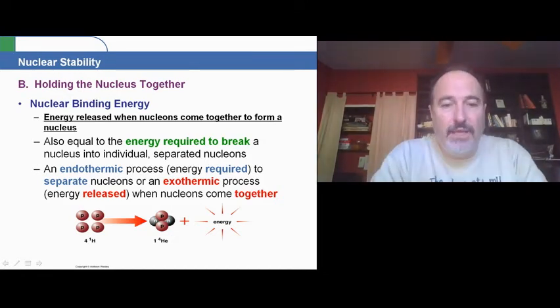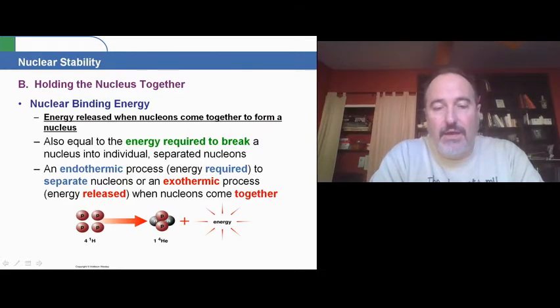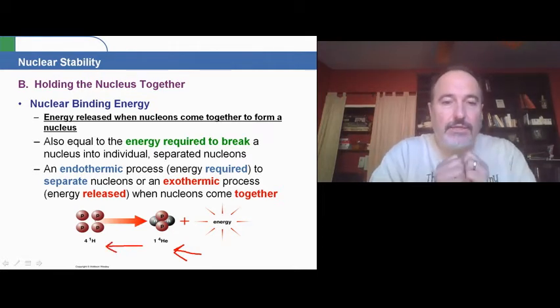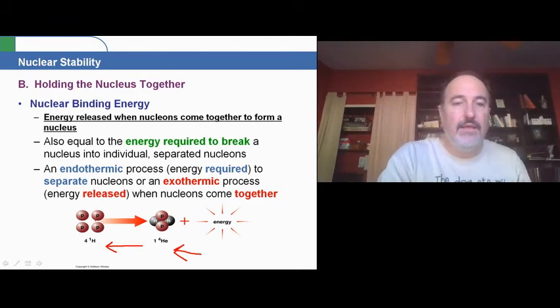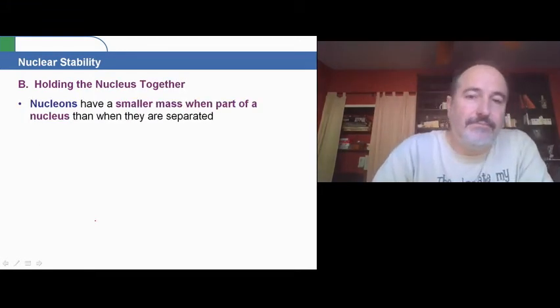If you're going in this direction, the nucleons are separated, then they come together and it produces energy. However, if you want to go in the opposite direction, then energy has to be added to the nucleus in order to separate them out. Okay, so it goes both directions.